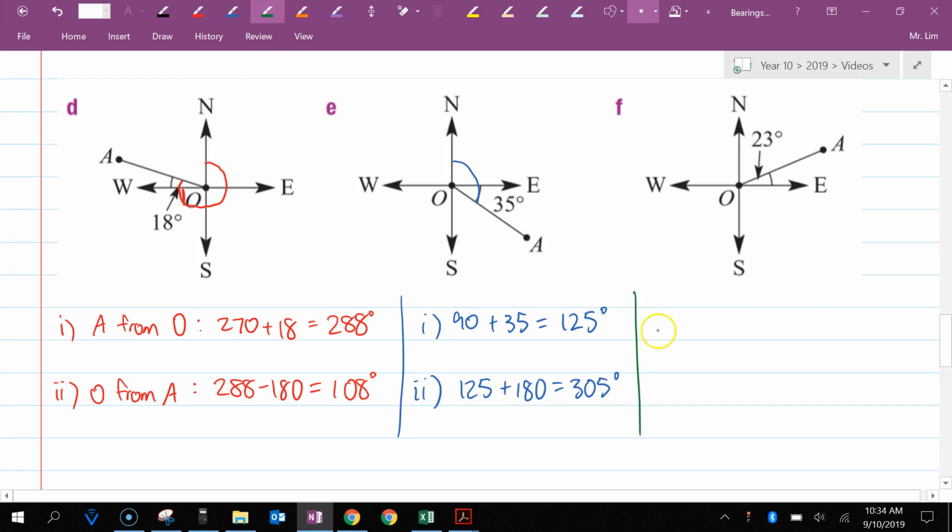And part F, 90 minus 23 is equal to 67, so 067 degrees. And part 2, because that's less than 180, I'm going to add 180 to it, which is 247 degrees.